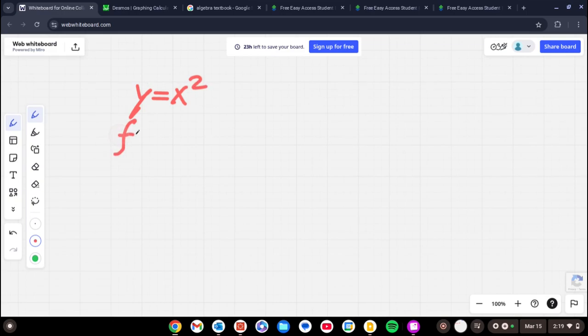You can also visualize it as a function of x where the function is equal to x squared. But to keep it simple, I'm just going to write the function as y. So if you remember, we can visualize this by plugging in any number into this y to find an answer for this.